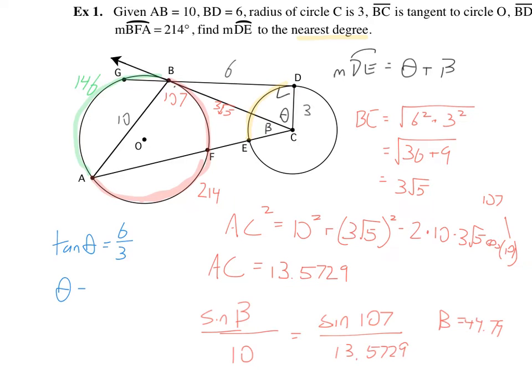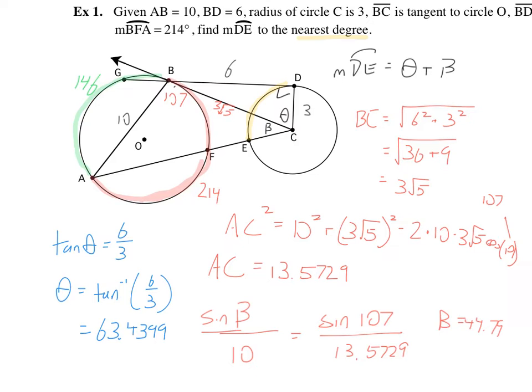So theta equals the inverse tangent of 6 over 3, which will give us 63.4399.